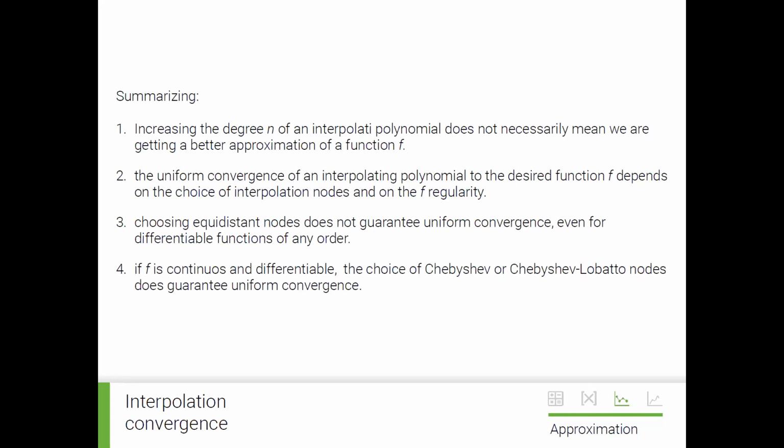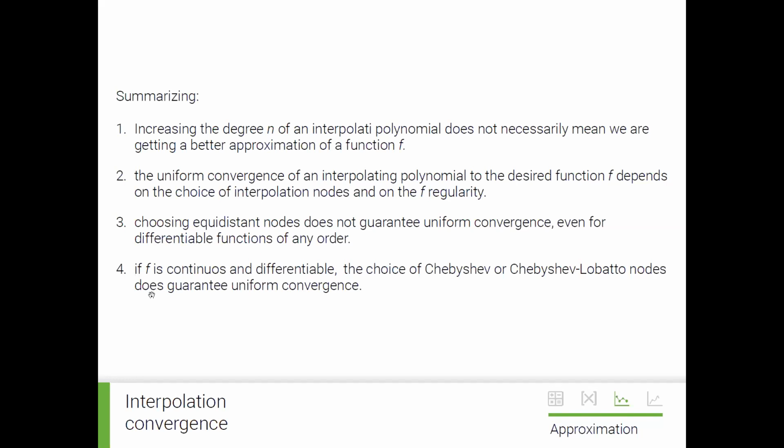Third, choosing equidistant nodes doesn't guarantee uniform convergence, even for a function differentiable of any order. We considered this example also. If we choose these equidistant nodes, it does not always converge.